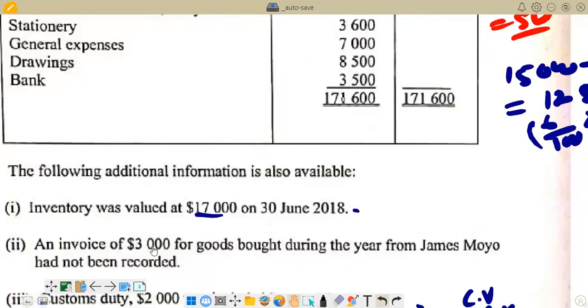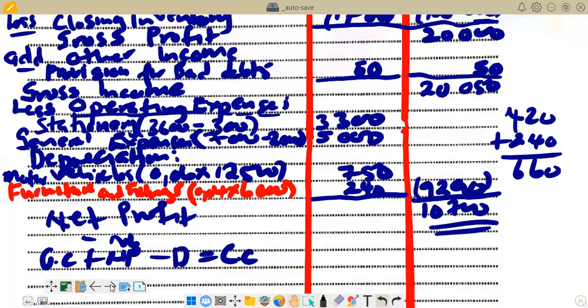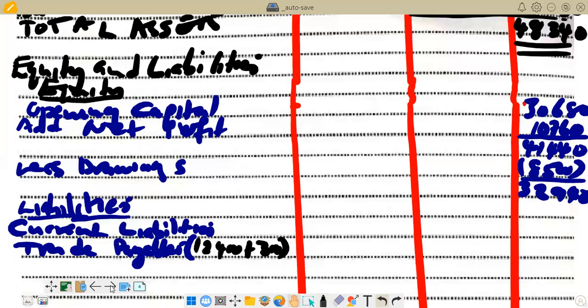Sorry, we are making a mistake there; we're supposed to put 3,000. So 12,400 plus 3,000, and then we get 15,400. So this one is going to come here, 15,400.